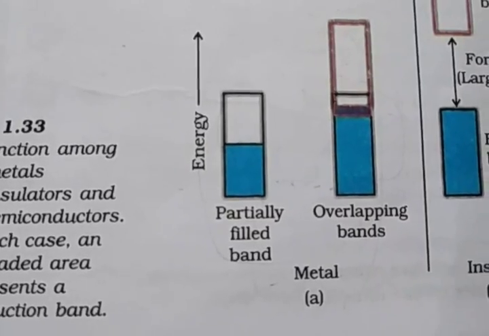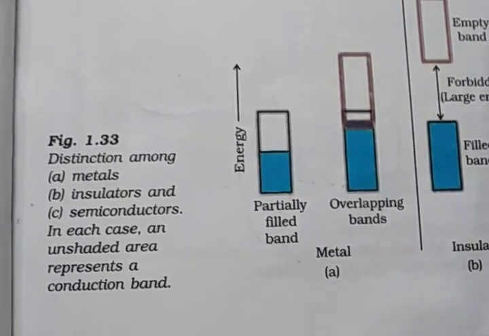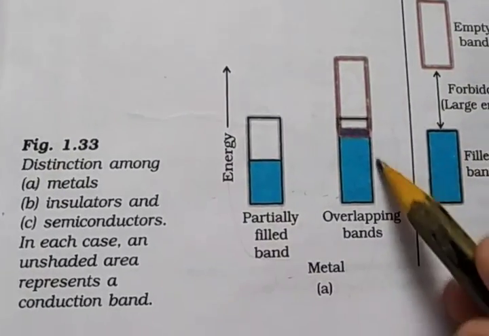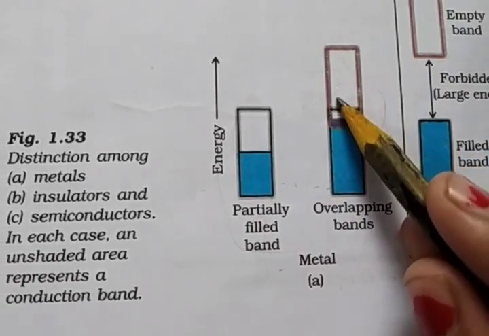So metals show conductivity. This is the overlapping, so electrons easily flow to the upper side.